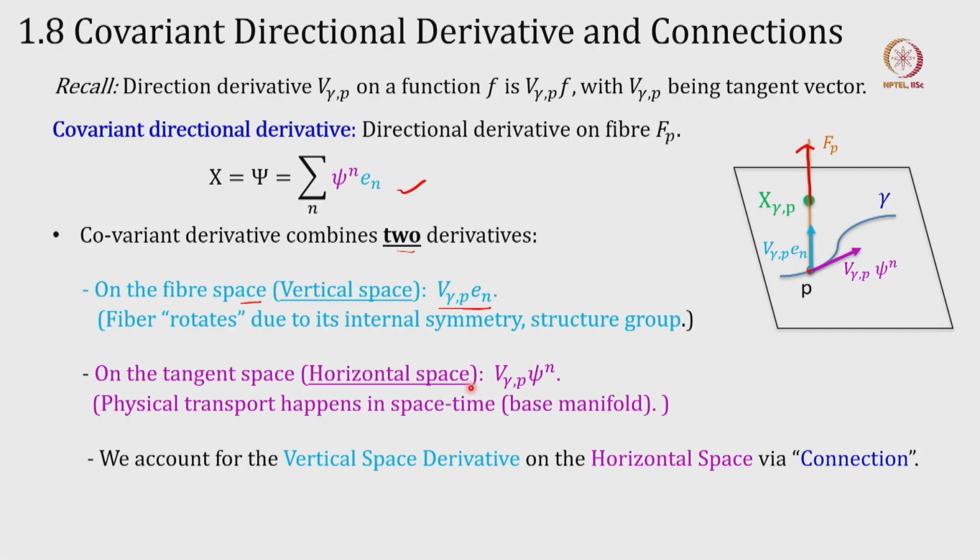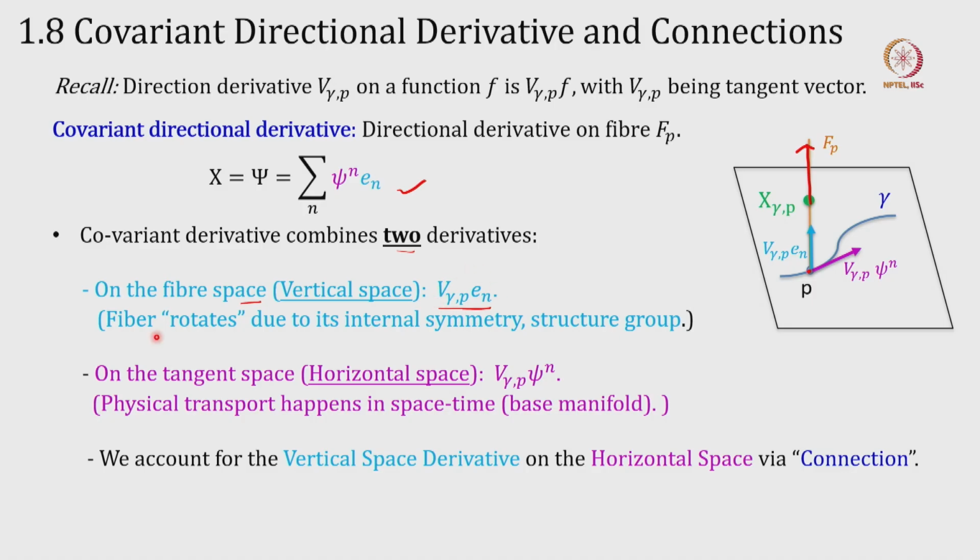There is a mathematical well defined way to characterize horizontal space, but we do not want to go into that. And the other one is the vertical space, which will be how this derivative is acting on the unit vectors, how the unit vectors are changing. Okay. So, what physically does it track?